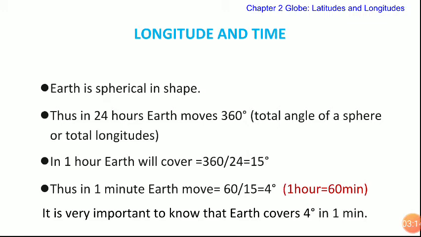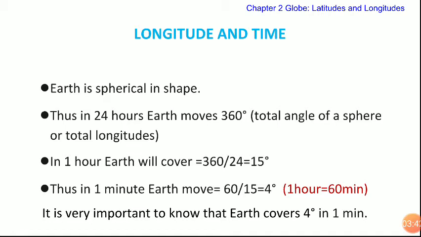It is equal to 360 degrees. Now, we need to understand that for 24 hours, the earth is rotating 360 degrees. So in 1 hour, how much will it rotate? 15 degrees.